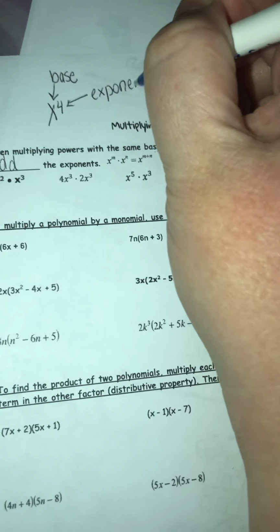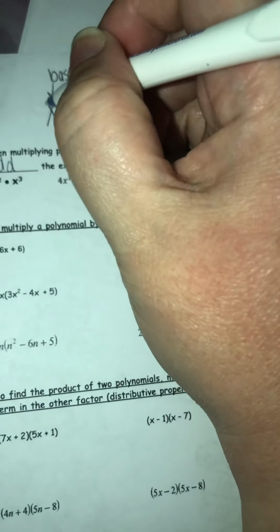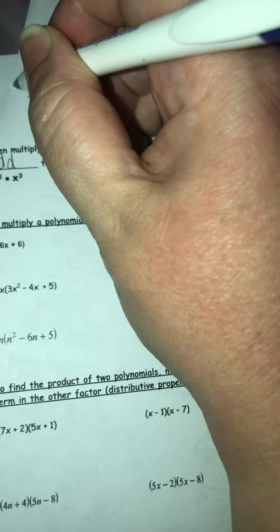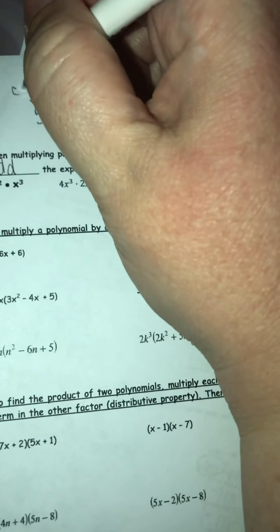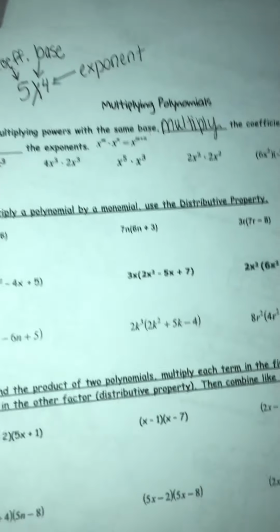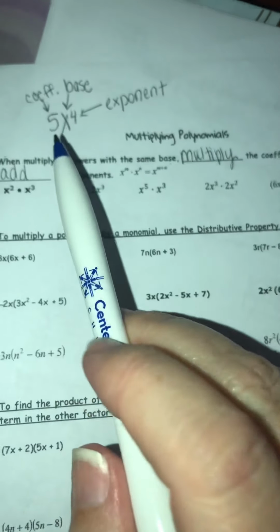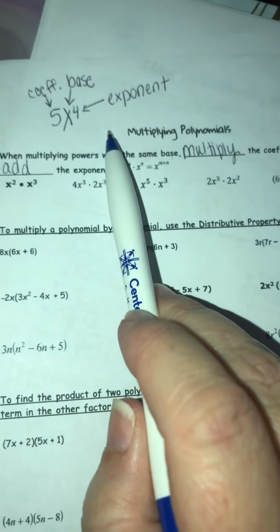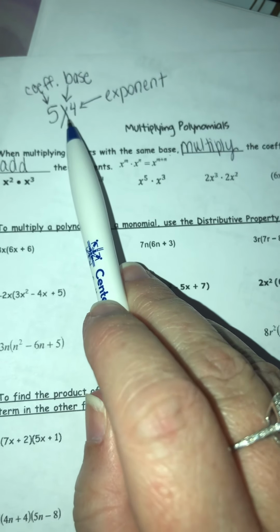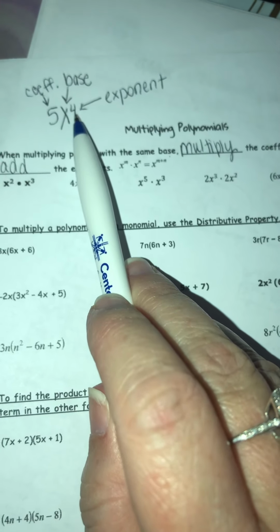And of course, if I have a number in front of the variable like a 5, this is the coefficient. Okay, so whenever you're multiplying something like this times something else, you're going to multiply the coefficient, keep the base the same, and add the exponents.